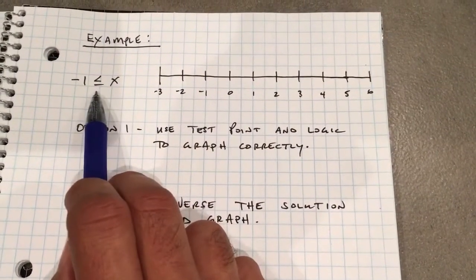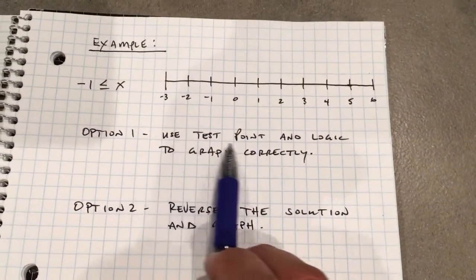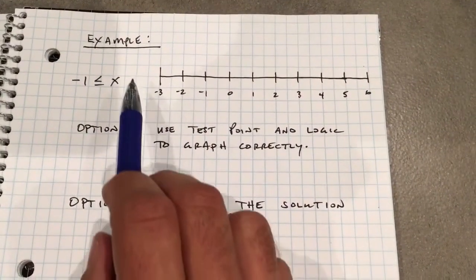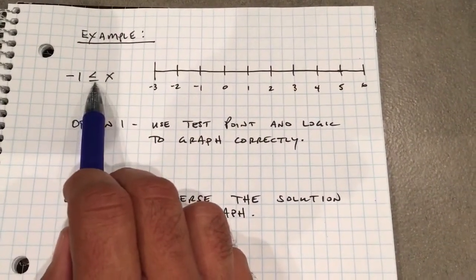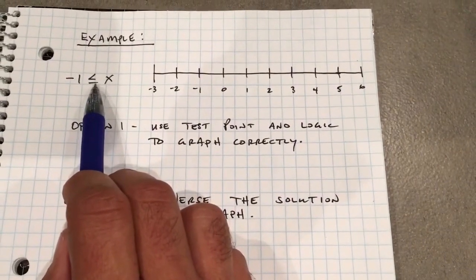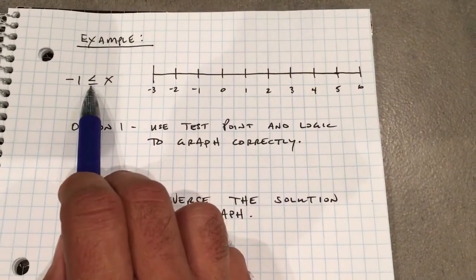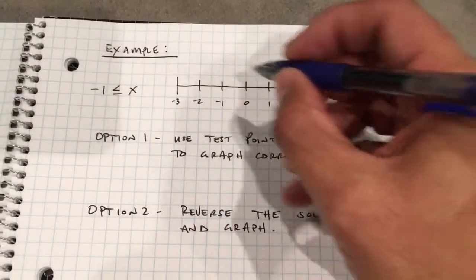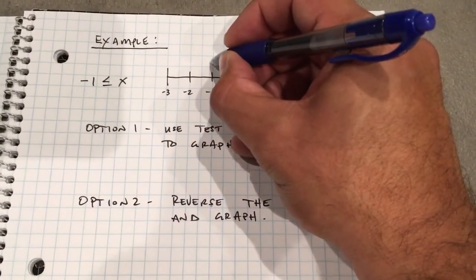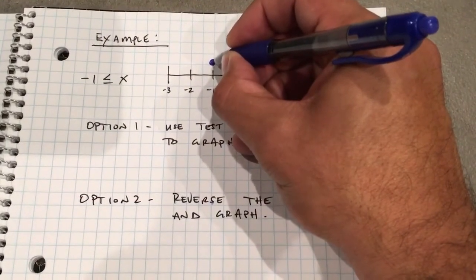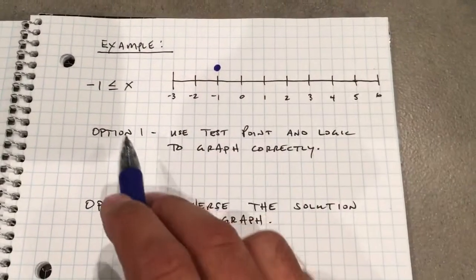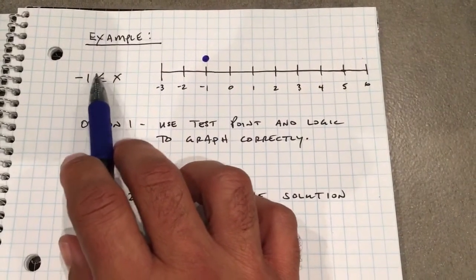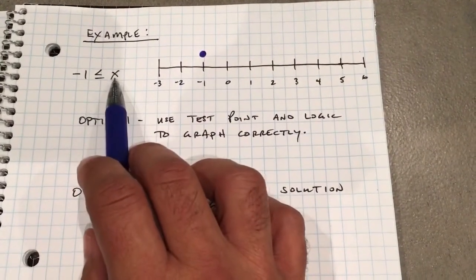You have options here. You can use a test point and logic to graph it correctly. So first of all, what type of circle are we going to use? Remember, it's got the bar. So we're going to use a closed circle. So we go to -1 and use a closed circle. But now we have to show where -1 is less than or equal to all the possible numbers.